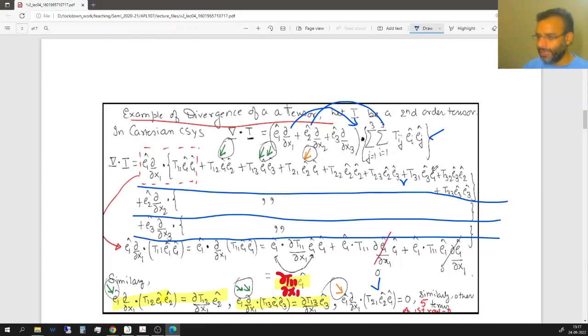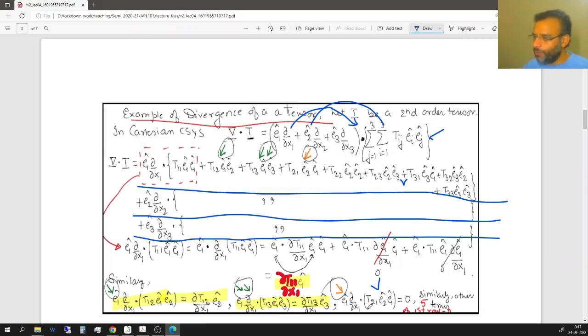Why will I not get any survivor? Because let's consider the first of these remaining 5 terms. You have E1 del x1 dotting with T21 into E1, right? So you take derivative of this.